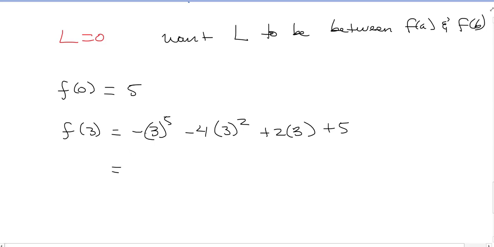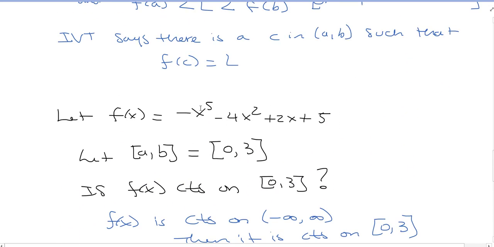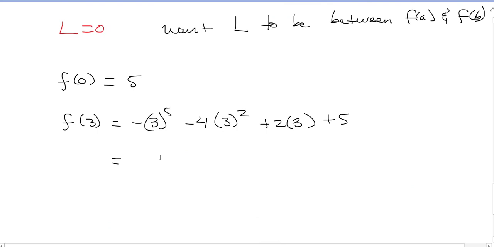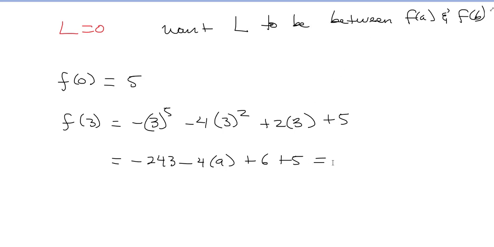Notice that the negative is outside of the parentheses, because my function is negative x to the 5th. So think about that as negative 1 times x to the 5th, and x is 3. So this is negative 1 times 3 to the 5th. So I'm going to have negative 243, and then minus, not plus, 4 times 9, plus 6, plus 5. And what do we get? I got negative 268 when we put it in our calculator.